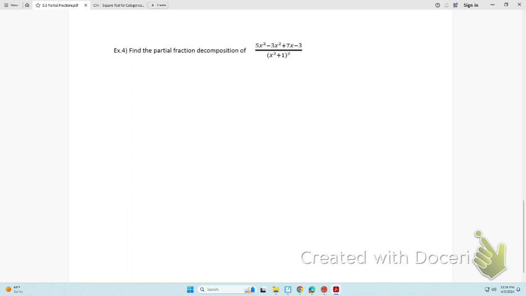So first off, I see 2 factors. We have x squared plus 1, and we have x squared plus 1 squared.